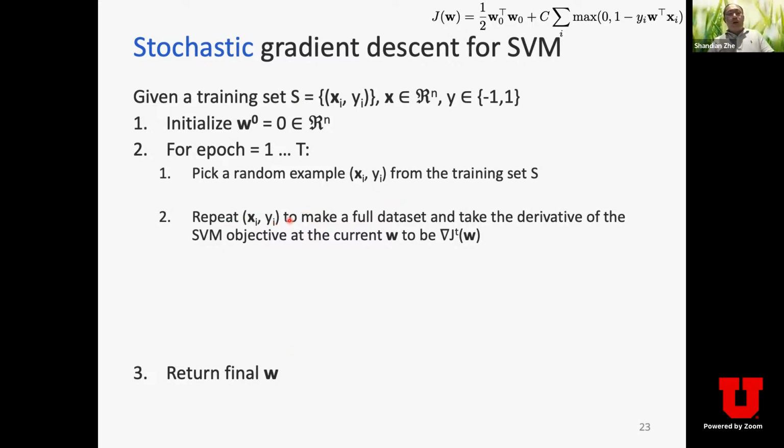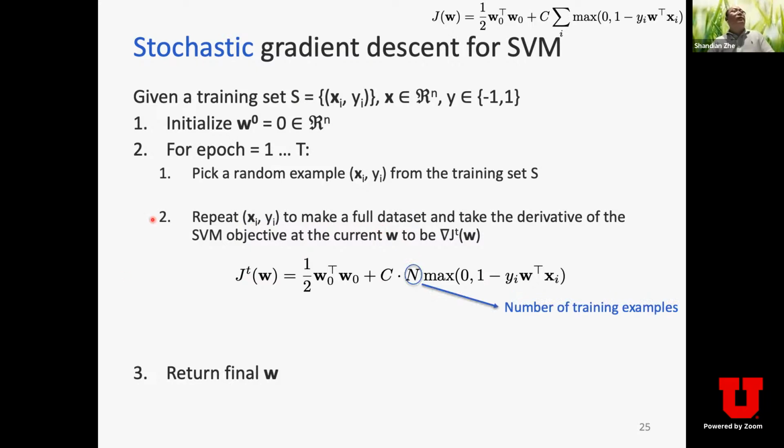Then you compute your SVM objective at the current weight parameter and the current faked data set. This is your faked training objective function. Then you compute the gradient, and update the model parameters according to gradient descent. Here n, as we just mentioned, is the number of training examples. Once you update your W according to this gradient computed by this faked objective, we call this a stochastic gradient.